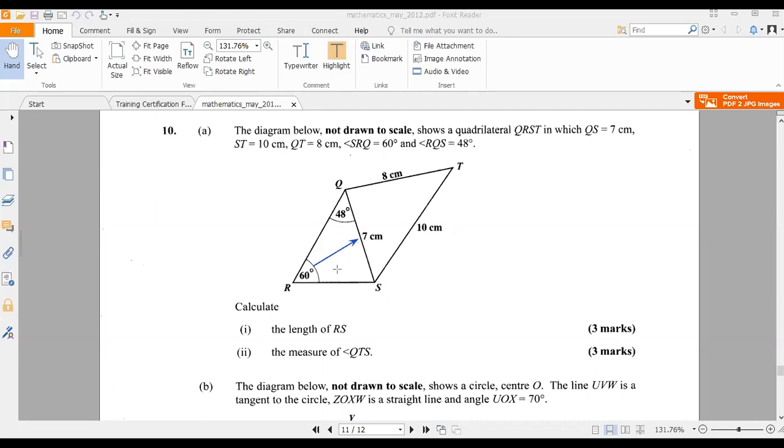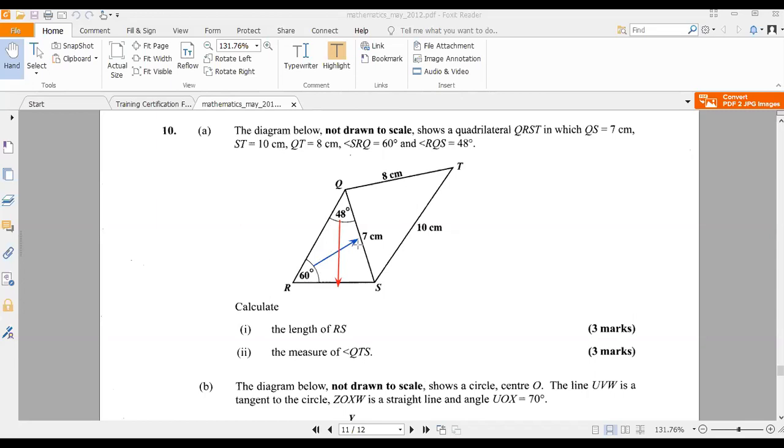Now, since we want to find RS, RS would match with this angle. Any questions so far of the matching business? So the blue line is what you call the matching pair, because I can see the angle and its side.